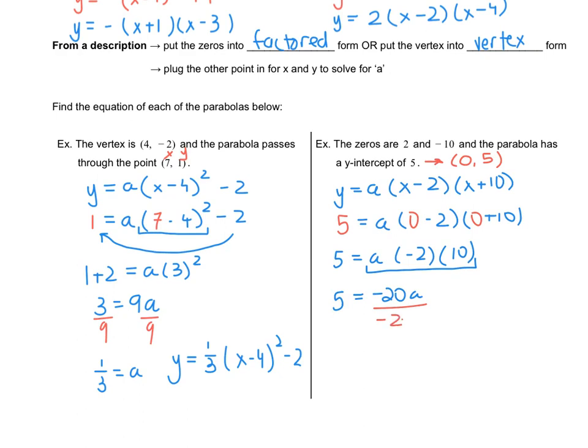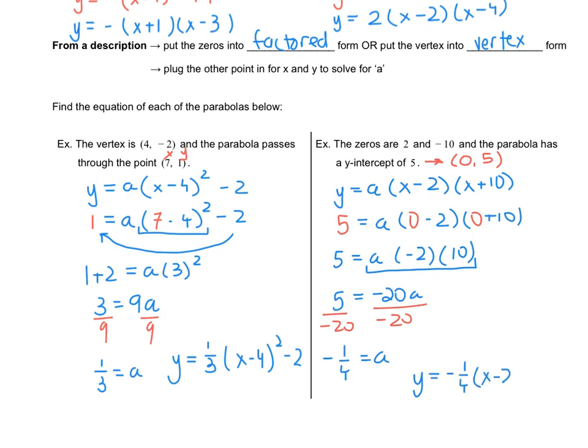And then I'm going to divide both sides by that coefficient, and then reduce your fraction. So 5 over -20 is the same thing as -1/4 for our a value. And then again, we can put it all together.